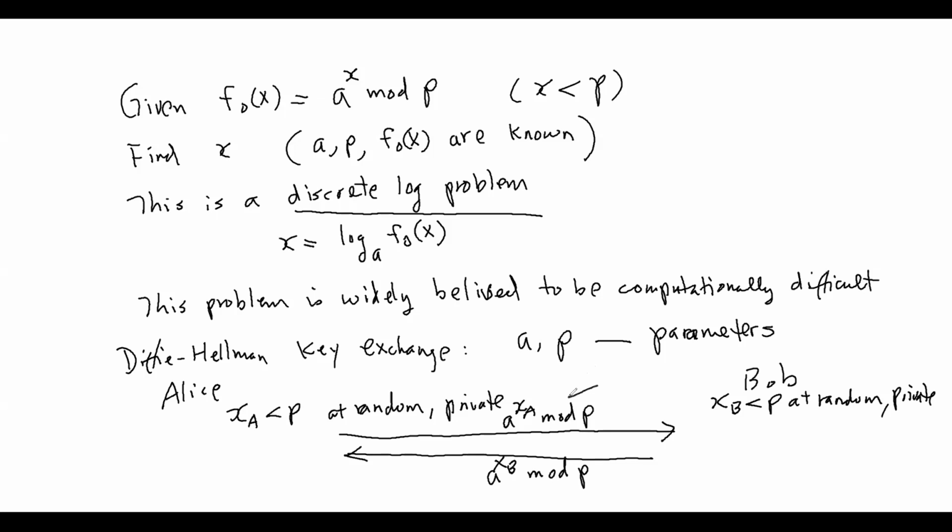So both of these two are public. So A and P also are public. So then Alice will compute.